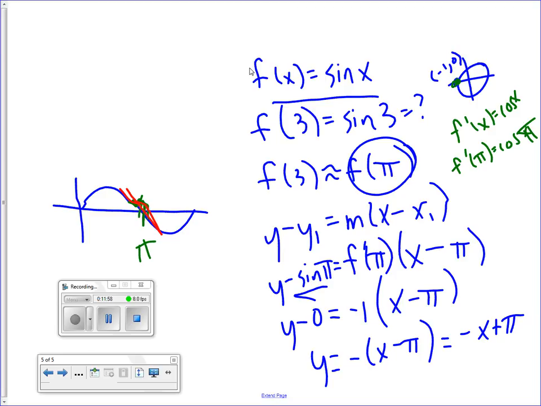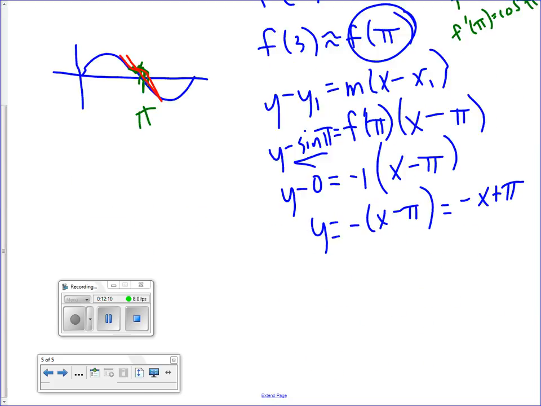When we're close to pi, that tangent line is really close to the sine curve. So if I want the sine of 3, instead of putting 3 onto the sine curve, I'm going to put 3 onto that tangent line and see what I get. Again, this is called your linearization, L of x. It's similar to f of x.